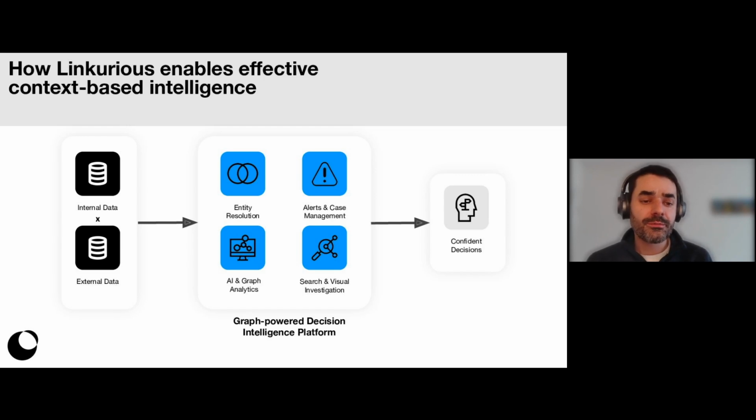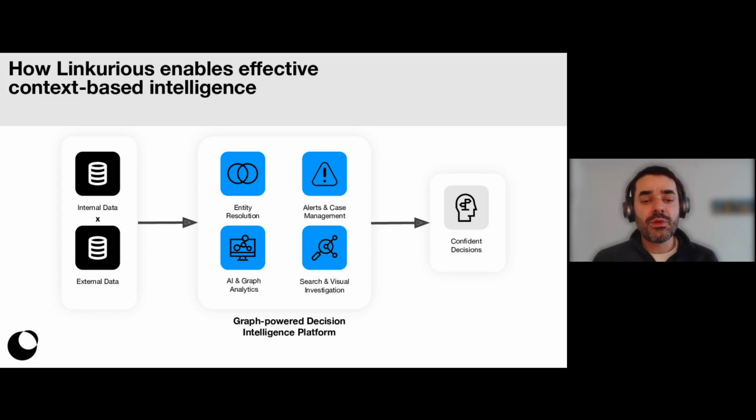So how does it work? It all starts with data, could be internal data or external data, and the data is streamed to the Linkurious platform, where there are various functionalities that are applied, so that ultimately it's possible to make context-based decisions faster and more accurately.